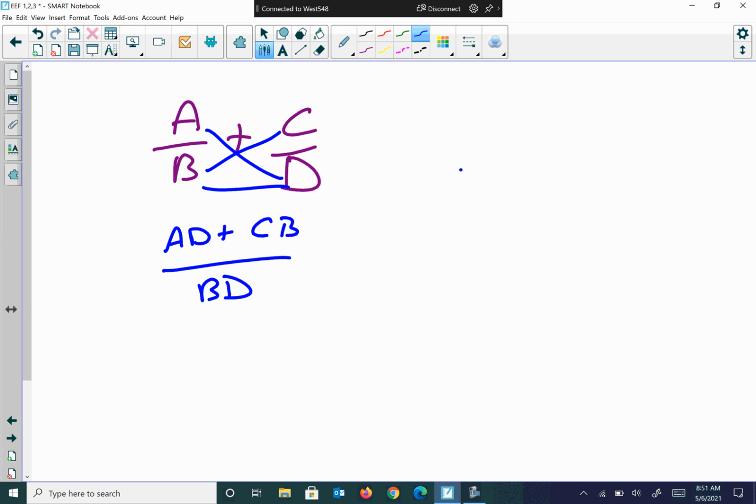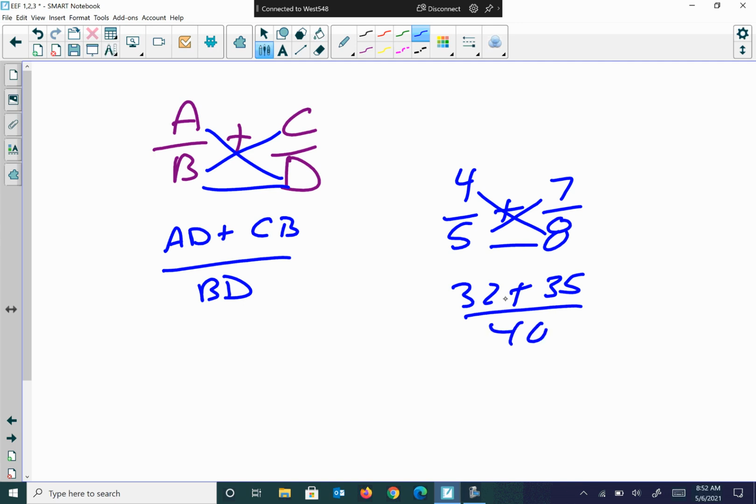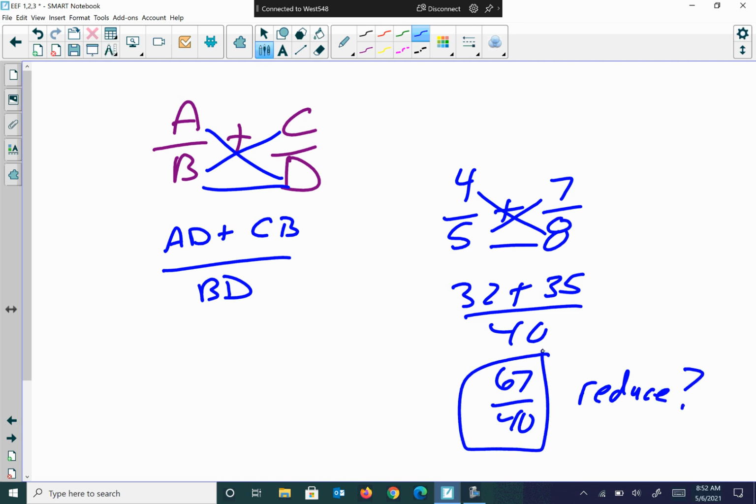Oh, so if I had 4/5 plus 7/8, 32 plus 35 over 40. Yeah, totally add those together to get 67/40. And then you check to see if it'll reduce. This one won't. But that's what I would do. And it'll work every time.